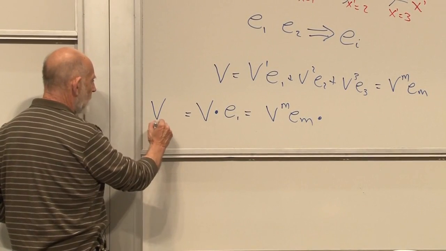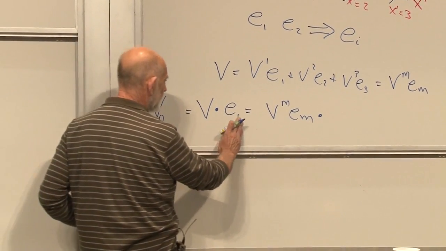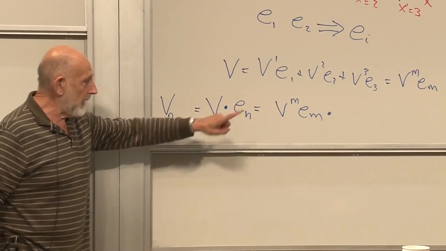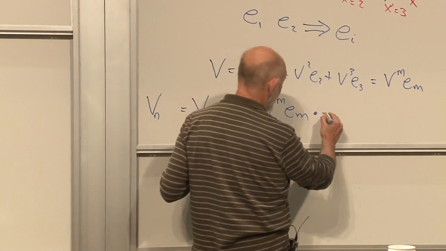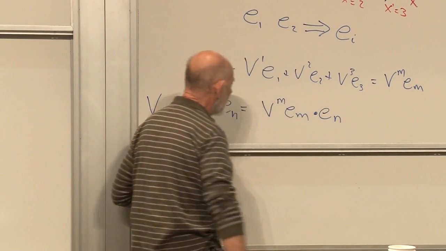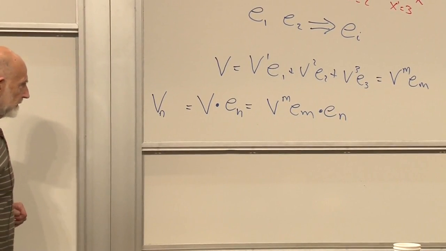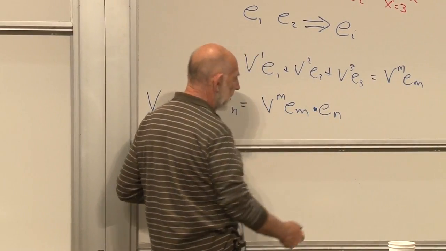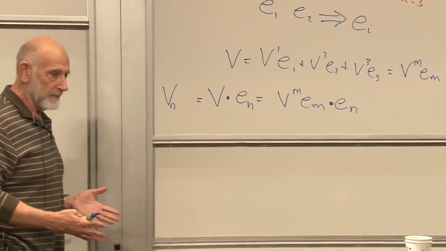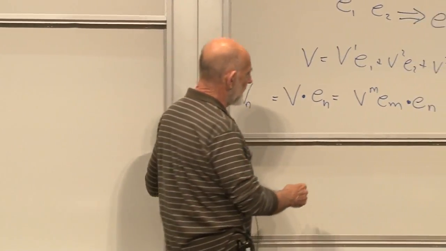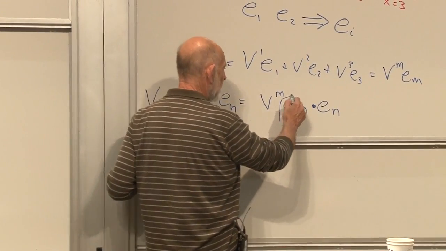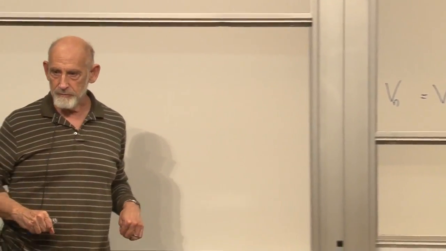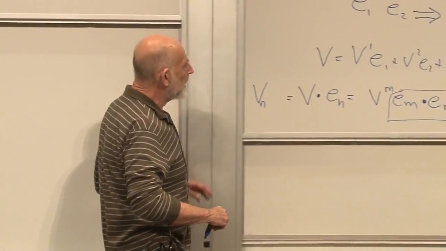Let's just go for the general case, the dot product of V with the nth basis vector, E sub n. E_m dot E_n is something new. Let's isolate it. It has two lower indices, and it's the metric tensor. It is the metric tensor.